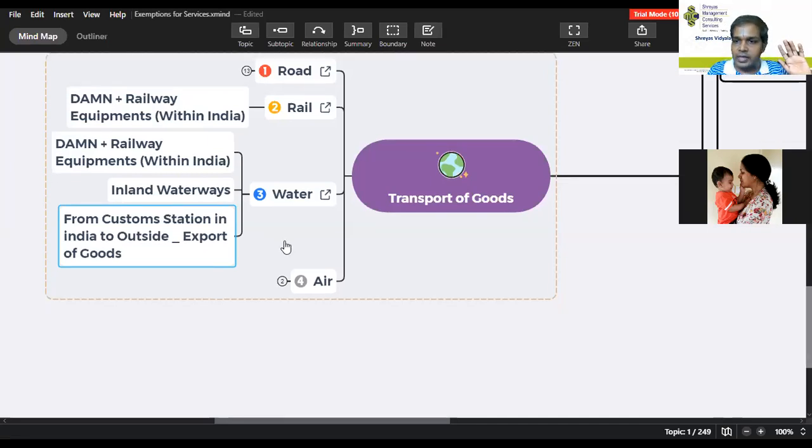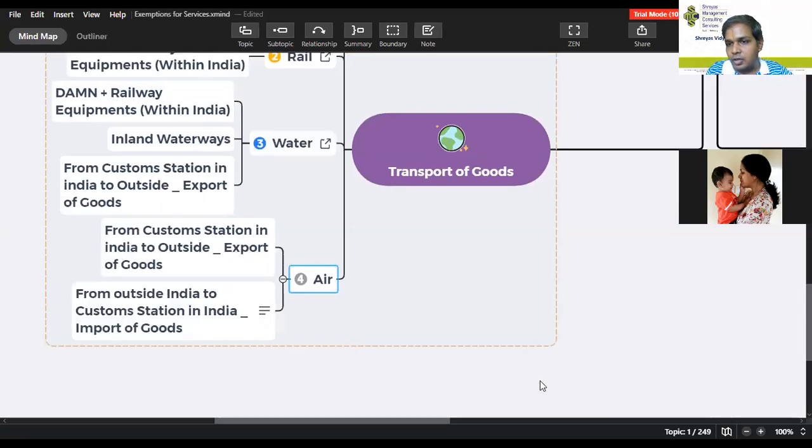Last point is air. So through air, if you are transporting, again, interestingly, you can see here from custom station India to outside India means export. Just like water, they have given exemption. From outside India to India is also exempt for air. So very different exemptions they are given.